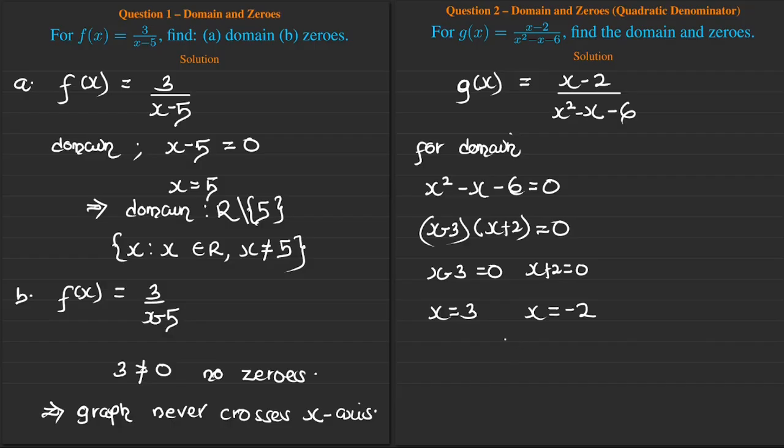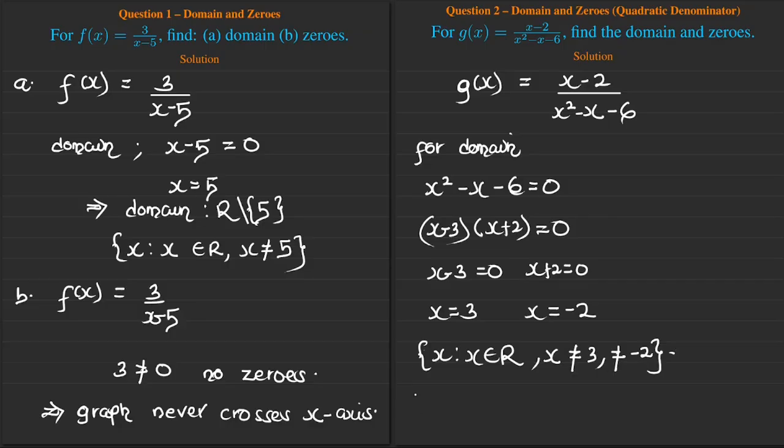Hence, we can say that the domain, in terms of x, is such that x is an element of all real numbers, but then x should not be equal to 3, and x should not be equal to negative 2. That is all.